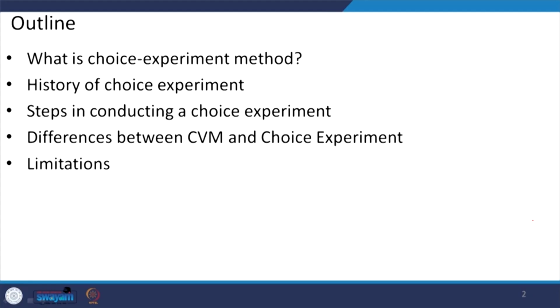Finally, we will discuss the differences between the contingent valuation method and the choice experiment method in order to find which method is most appropriate under the stated preference method. It will be followed by some of the disadvantages or limitations of the choice experiment method.